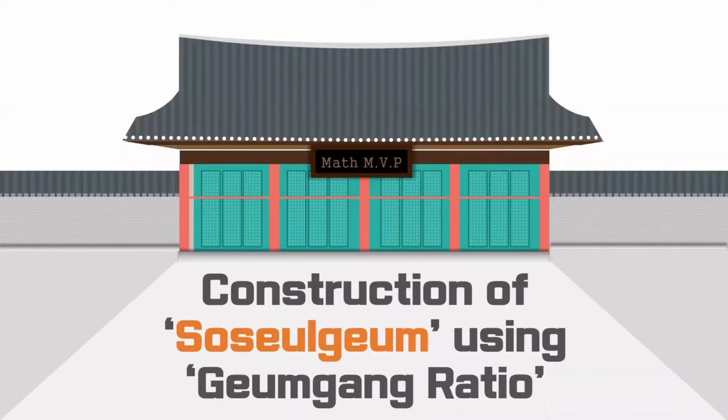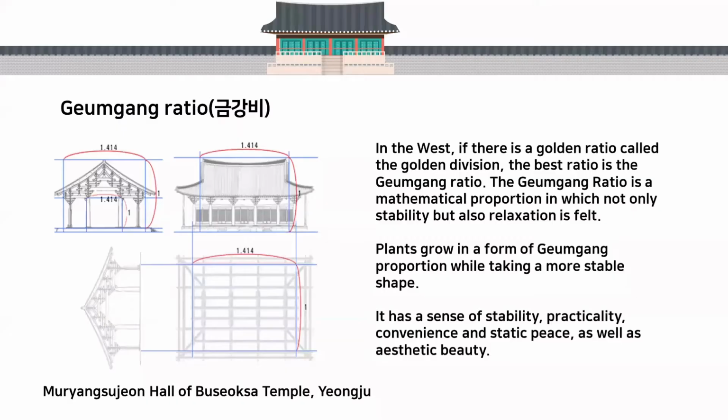From now on, let's do the construction of Sosseolgeum using the 금강 ratio. Before we do the construction, we have to know the 금강 ratio. In the West, there is the golden ratio; in the East, there is the 금강 ratio. The 금강 ratio is a mathematical proportion in which not only stability but also relaxation is felt.